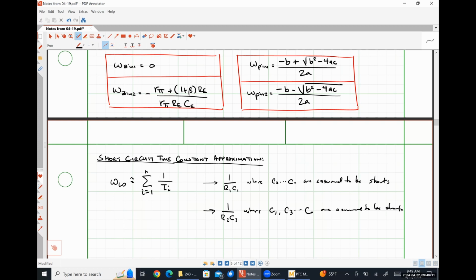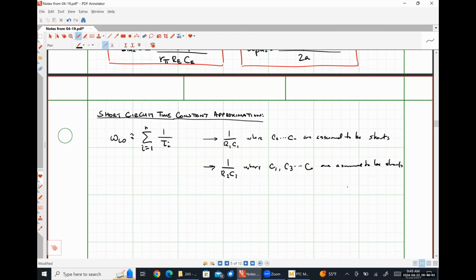So this is our approximation method, and I mentioned this in class on Friday, but it's only valid whenever we have a dominant pole, which means that effectively we need our highest frequency pole to occur at least 10 times the frequency of our nearest other pole. Otherwise, this doesn't work at all.